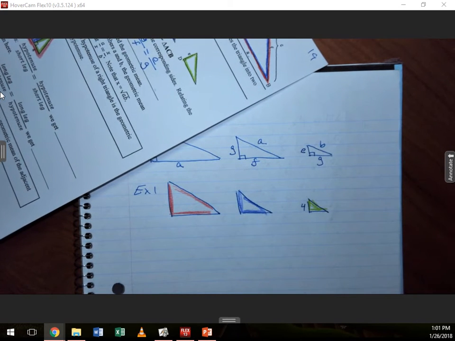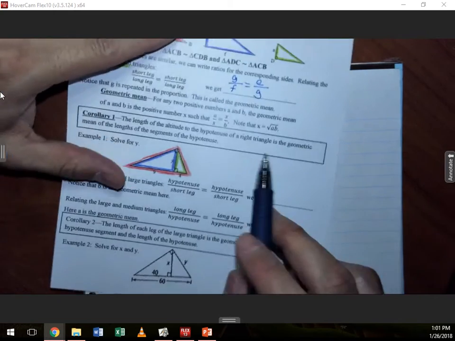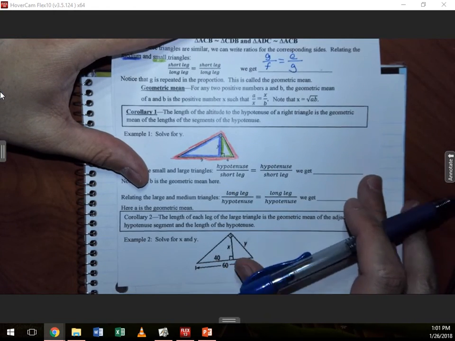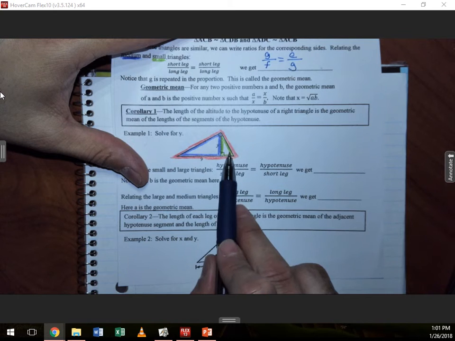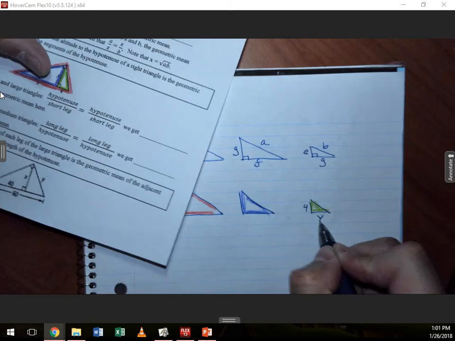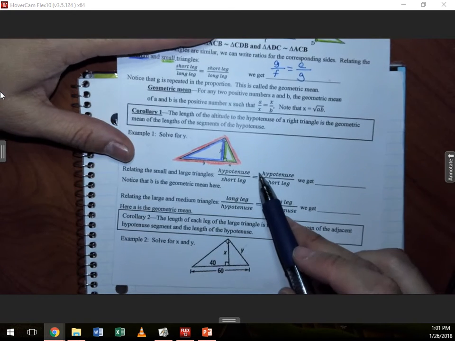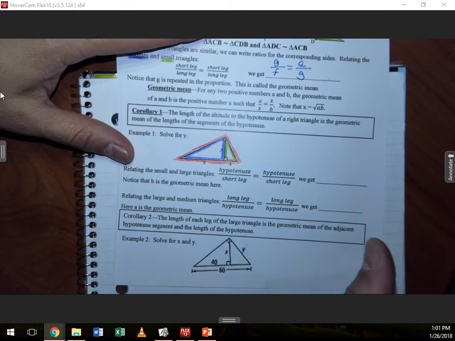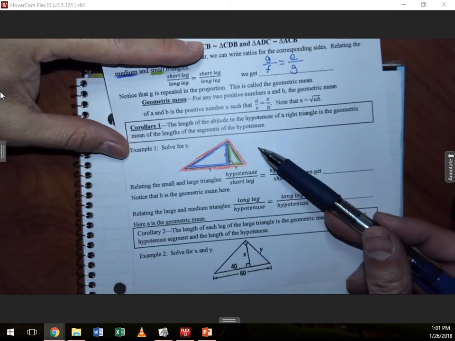Okay, so we have 4 there. What is the long leg of my tall? Tall, green one. Which one's a long leg? It's y, isn't it? So it's going to be y right there. Do I have a value for the hypotenuse? No. So I'm going to leave that alone, since I don't have anything for the hypotenuse.